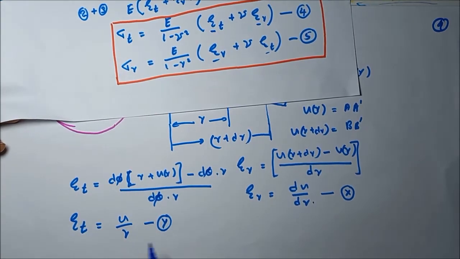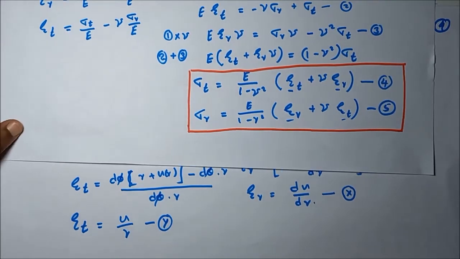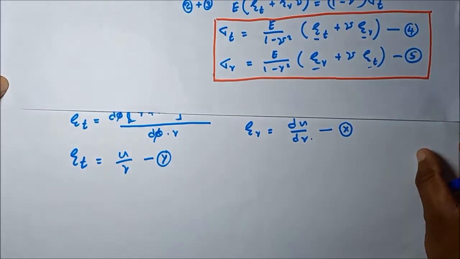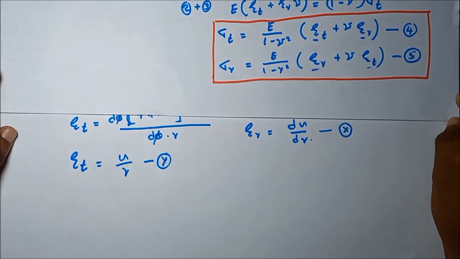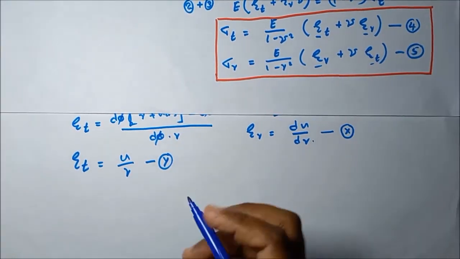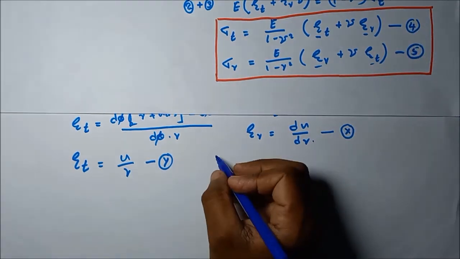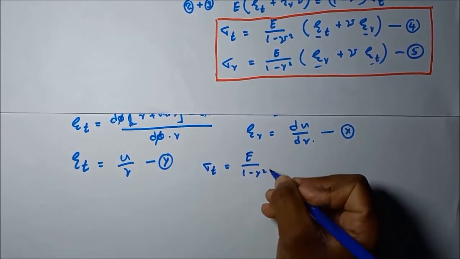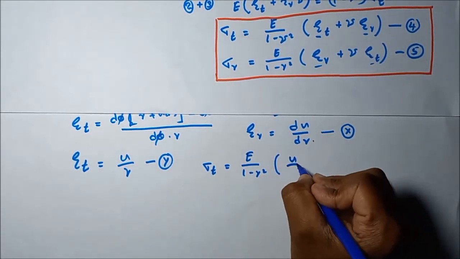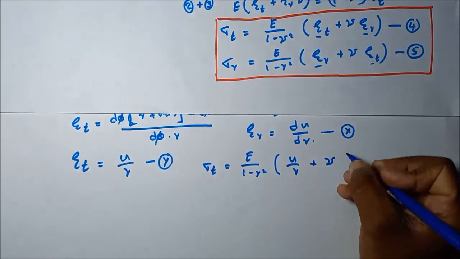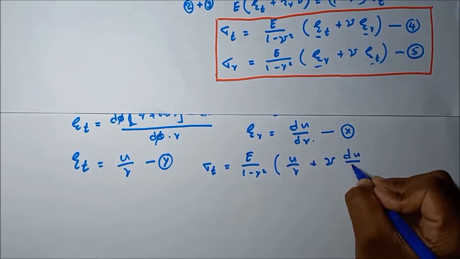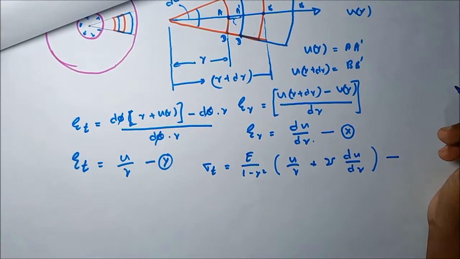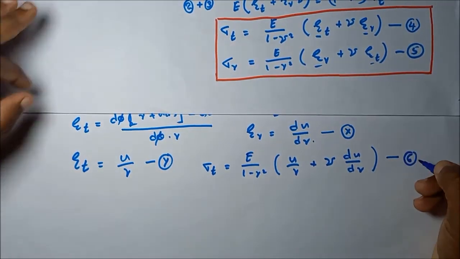Sigma t is equal to E divided by 1 minus nu square, times u divided by r plus nu du over dr. Let's take this as equation 6.